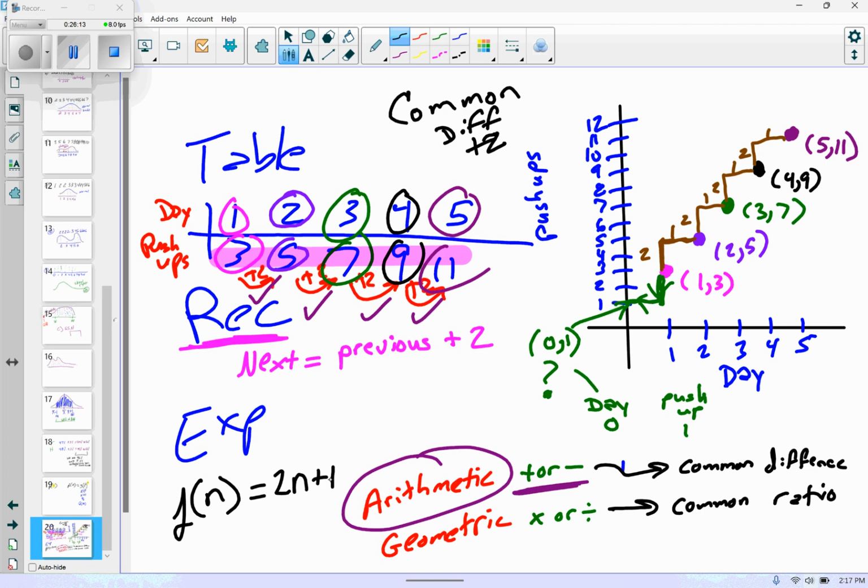I need somebody who feels brave enough to go to that board. I'll give you markers to make that as clean of a version as possible. You agree? Who would like to go?